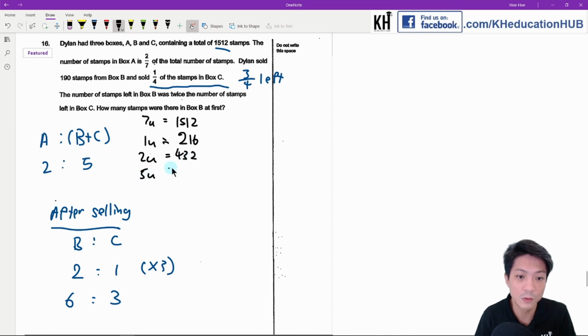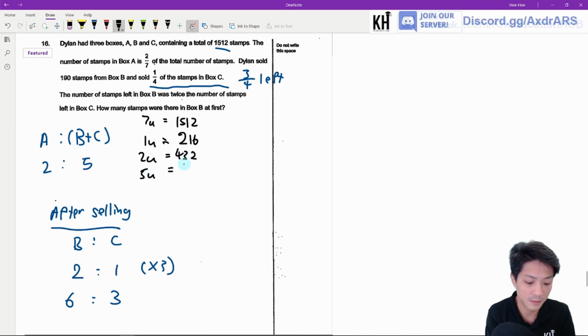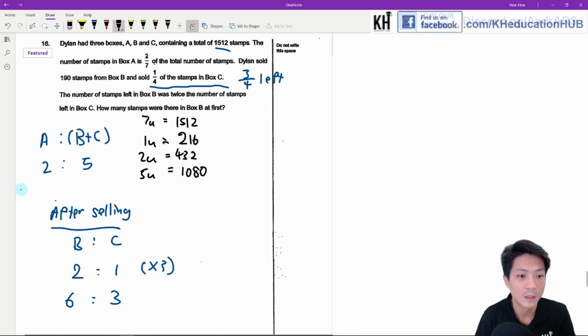I don't know if I need that 2 units or not, but let's just work it out. So 5 units will be 1080, which means that the actual number is 432 is to 1080.